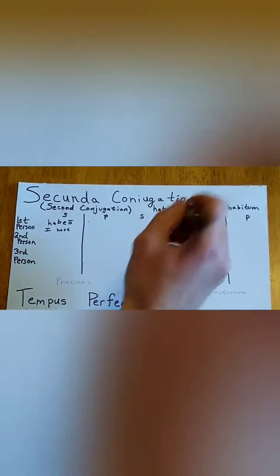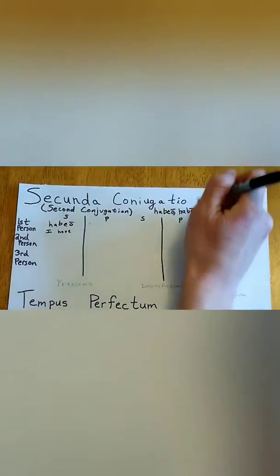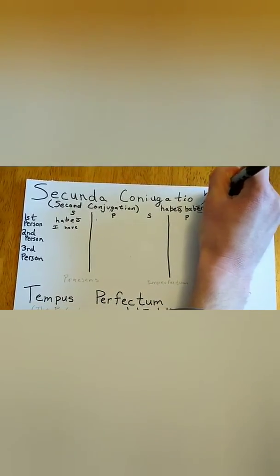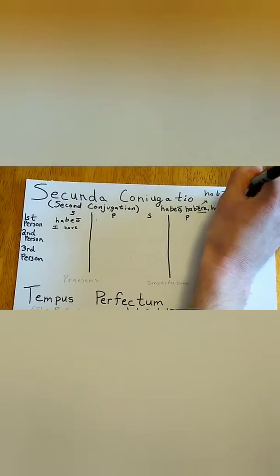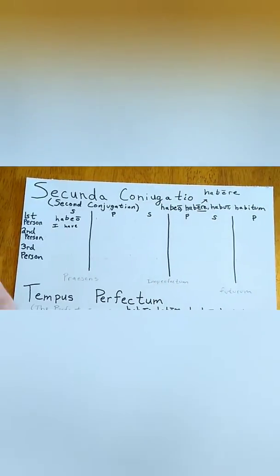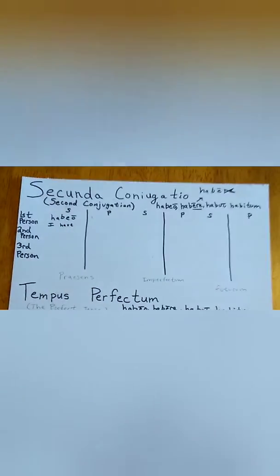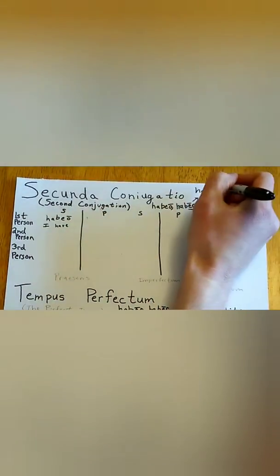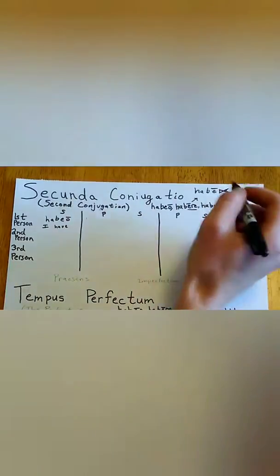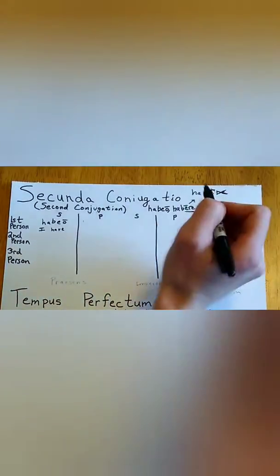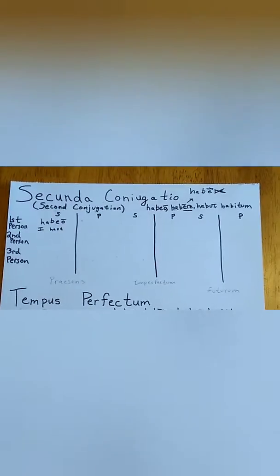So in order to find the stem, we take our second principal part, habere, and we take off the ending, scindite casus. Et quoque scindite macron. Take off the ending, take off the macron, no macron. And we are left with habe.